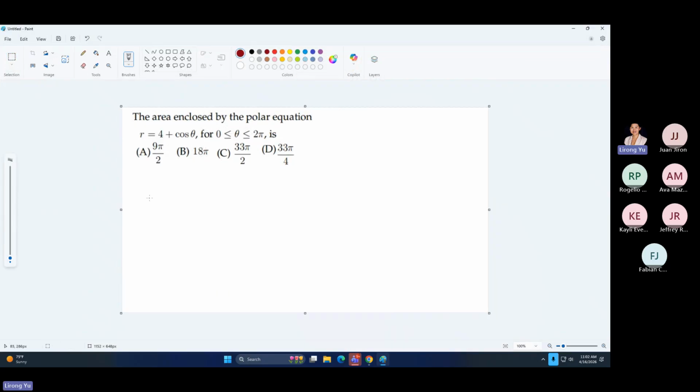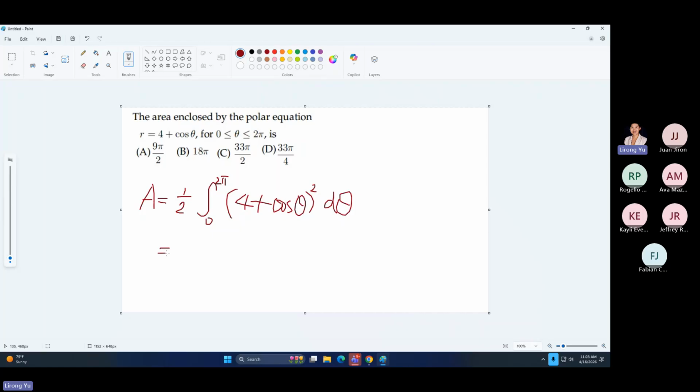We calculate the area. It's equal to 1/2 integral of r squared d theta, from 0 to 2 pi. Here r squared is (4 plus cosine theta) squared.